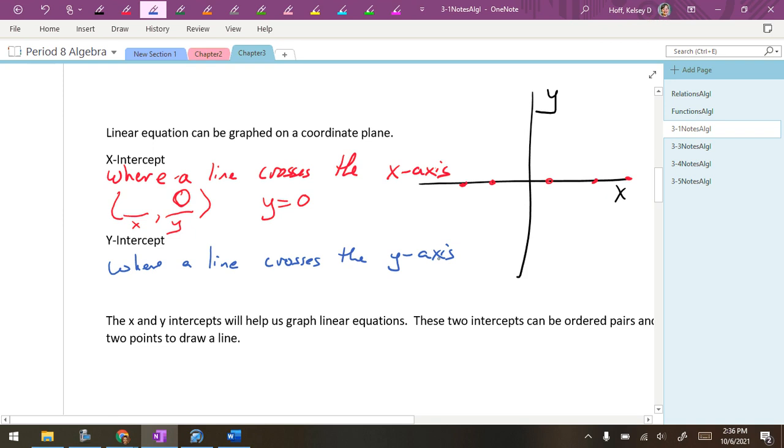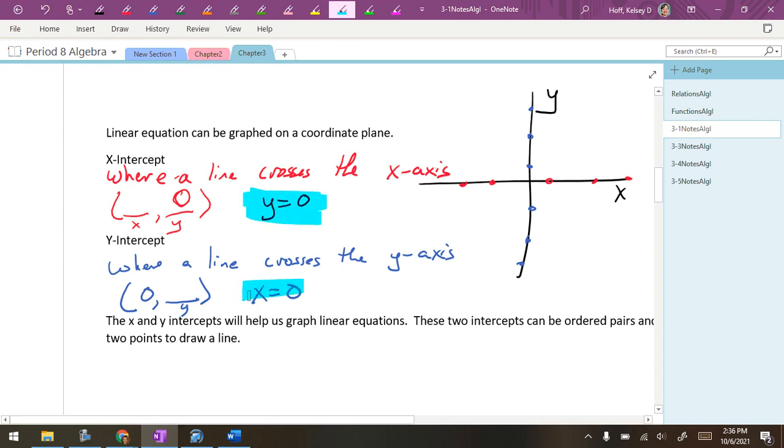On the y-intercept, is it? What does your x-coordinate tell you to do? Left or right? If you're on the y-axis, did you go left or right? Bingo. So x equals 0. So this point is always 0, comma, whatever your y value is.